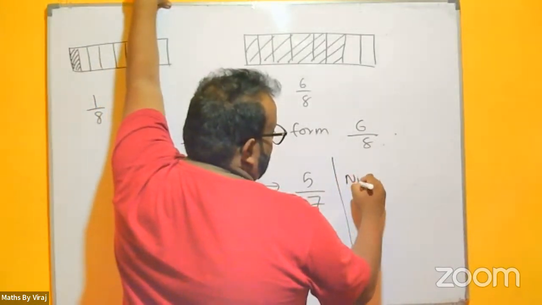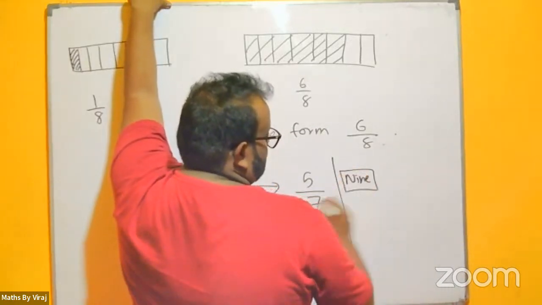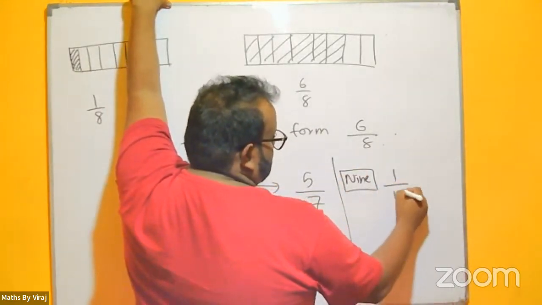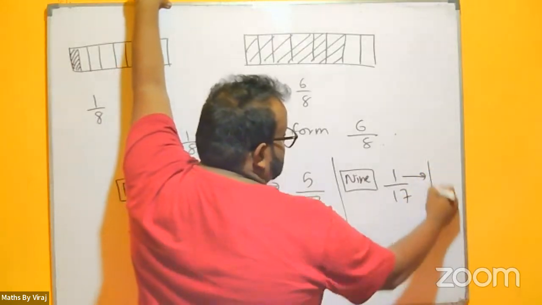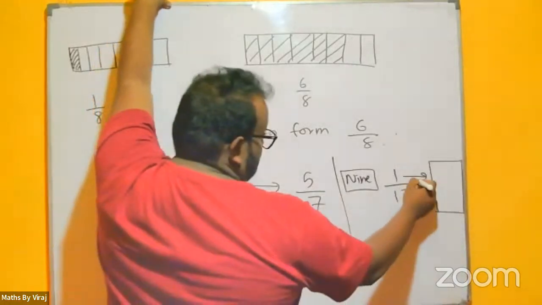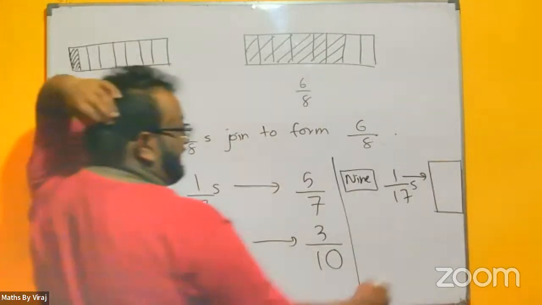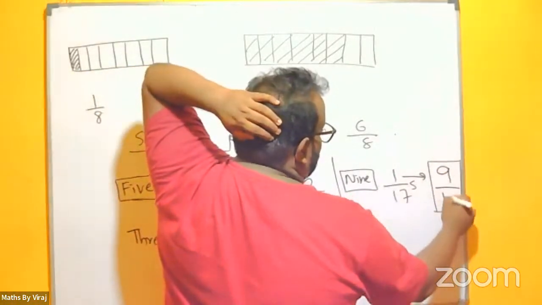This forms what, Pute? 9 1 over 7s gives us what? 9 over 7. Right.